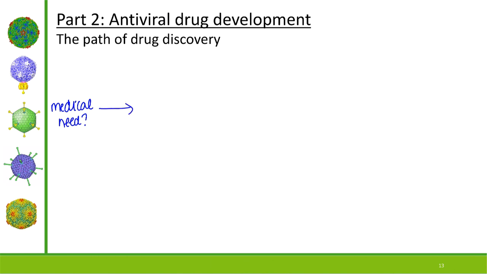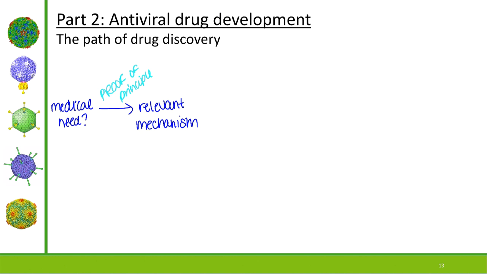And if there is, then we move forward and we look to see what is the relevant mechanism, right? So there's a medical need. In this case right now, our medical need is the current coronavirus outbreak. What can we target? How can we target it?